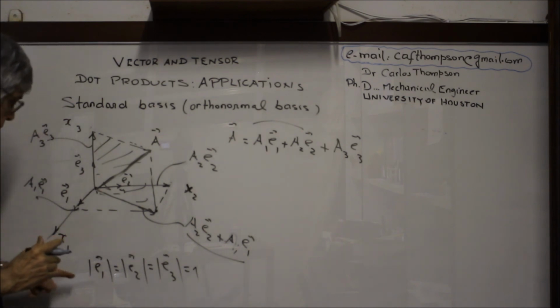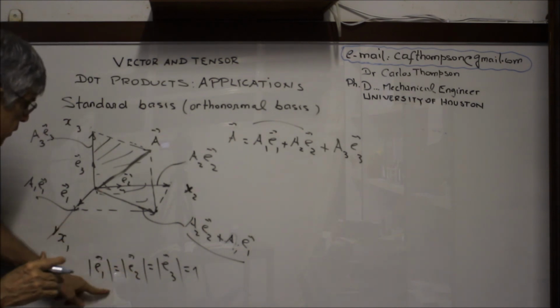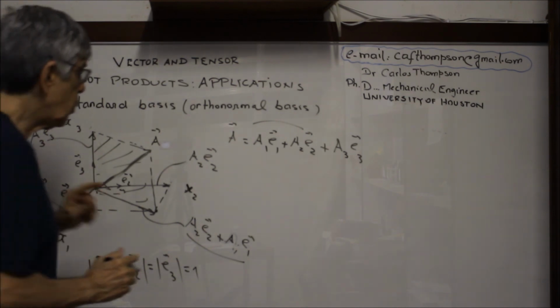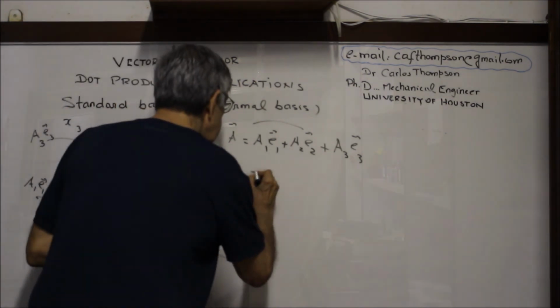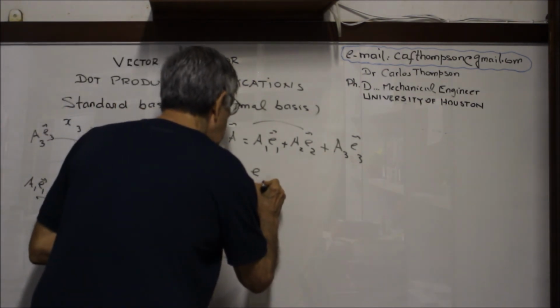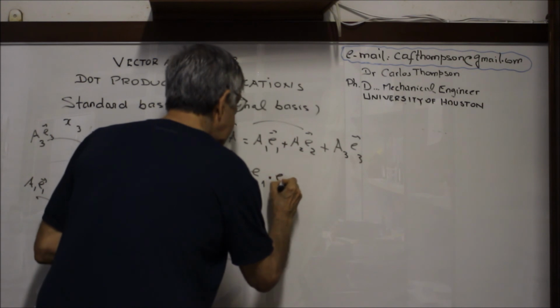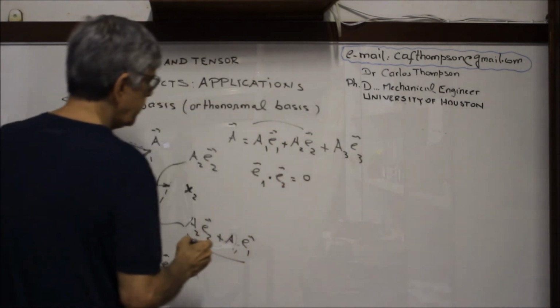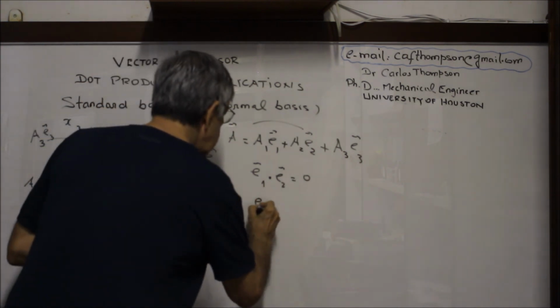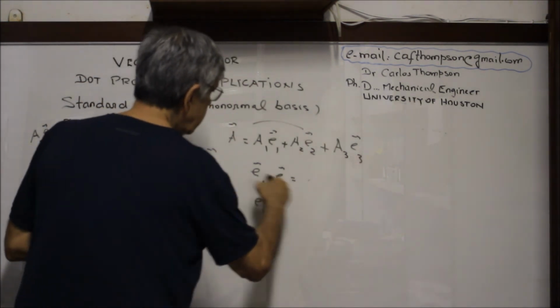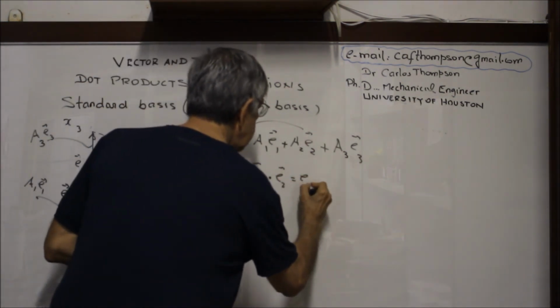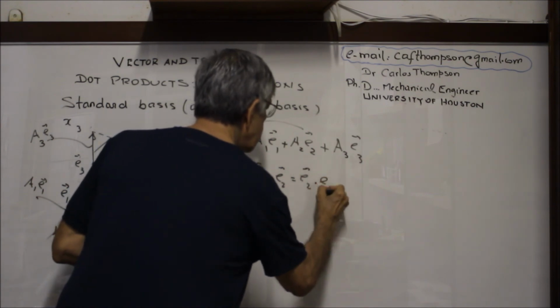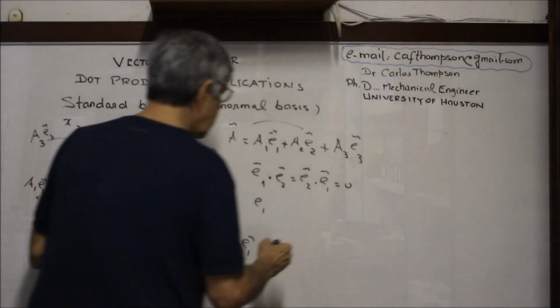Now, since the magnitude of each vector is 1, we can write like this: E1 dot E2 is equal 0. Obviously, this is equal E2 dot E1, which is equal 0.